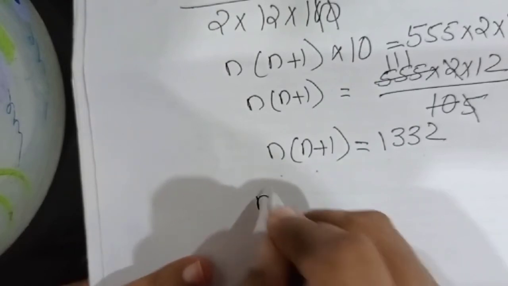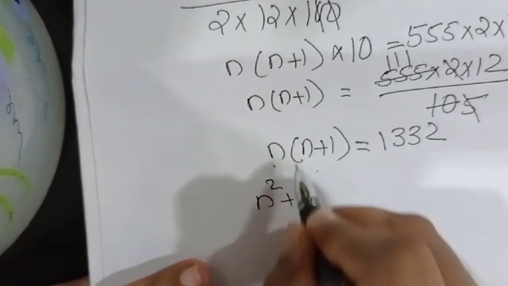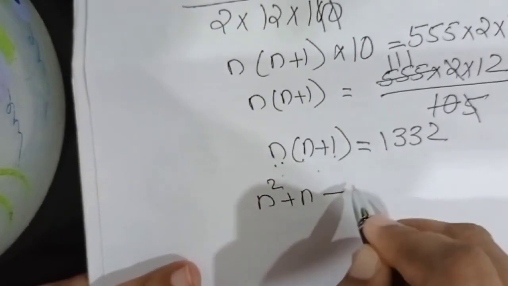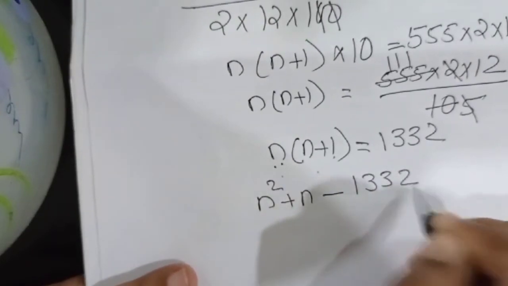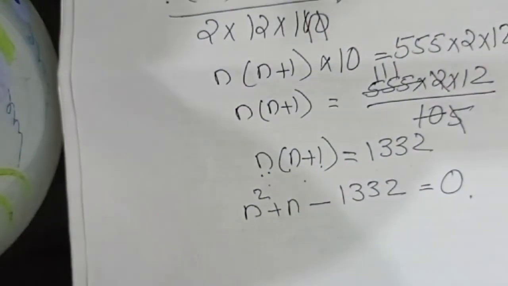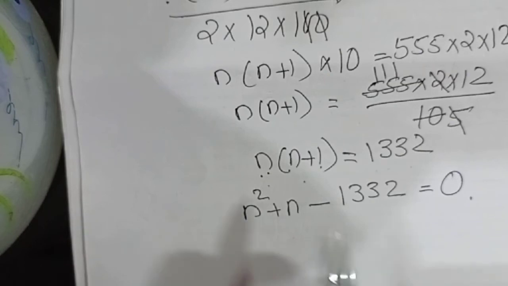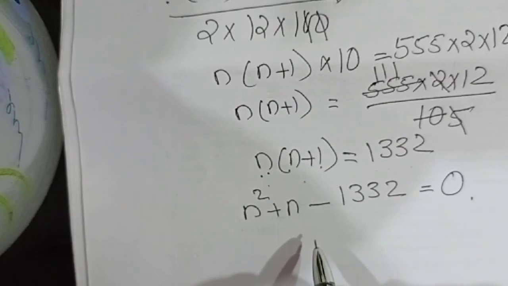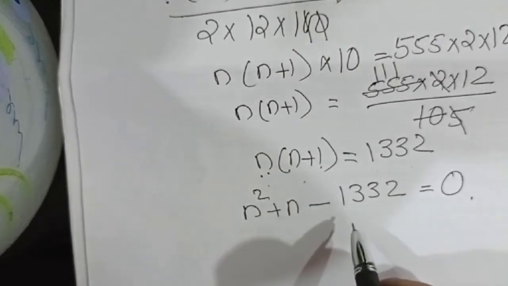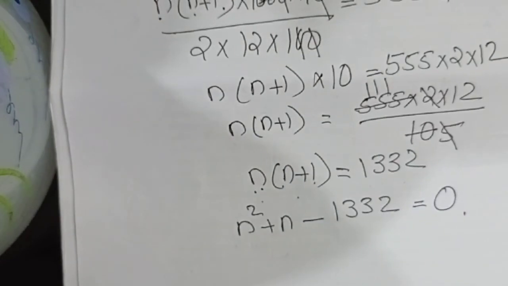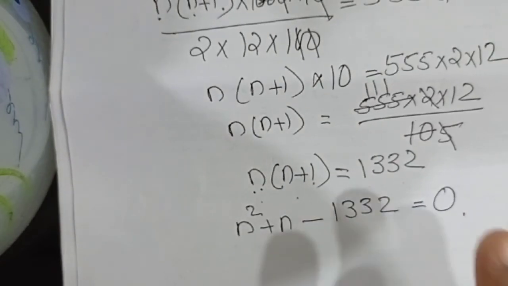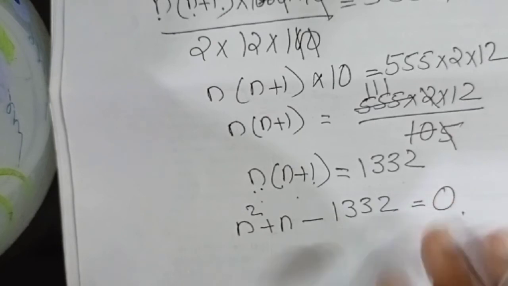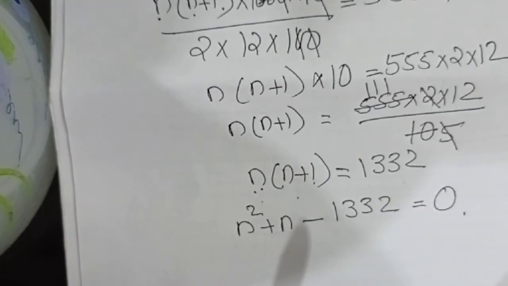That is n square plus n minus 1332 equal to 0. Look here. This is a quadratic equation, that means a second degree equation. We can factorize by prime factorization method or by using the formula. Dear students, the next chapter is quadratic equation.